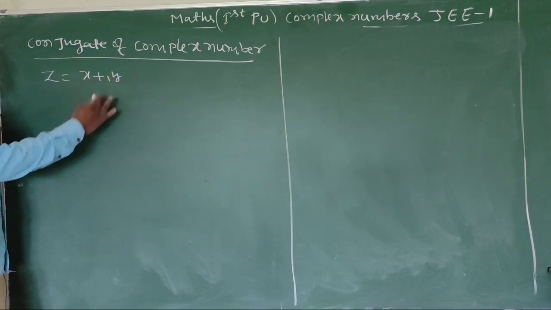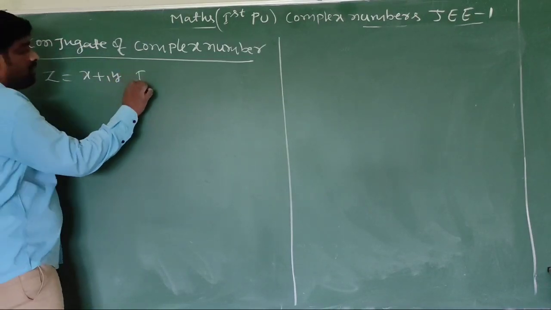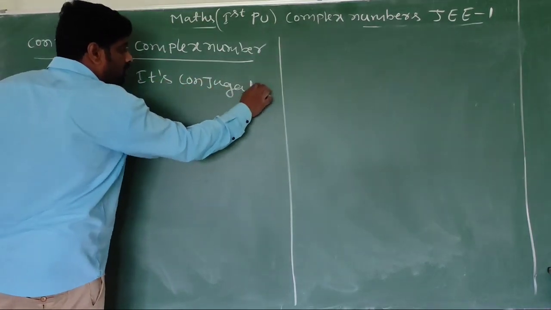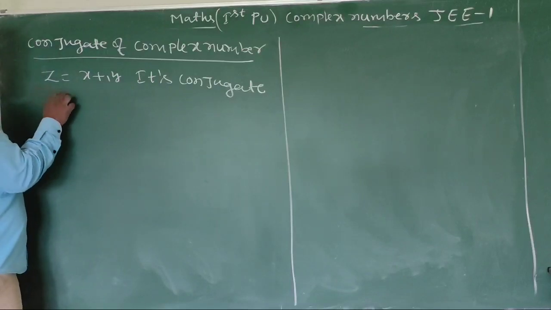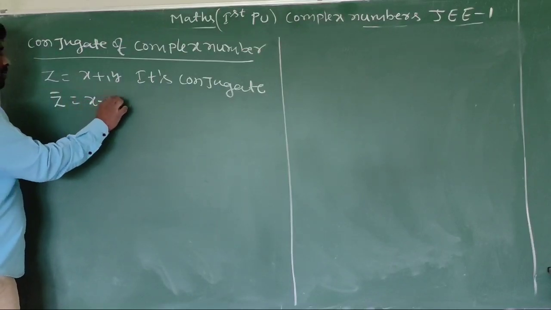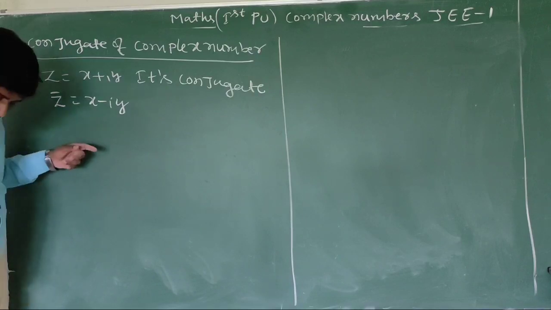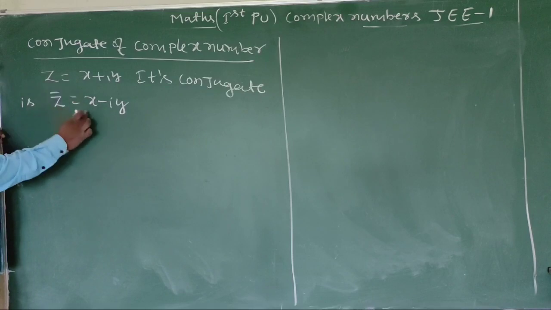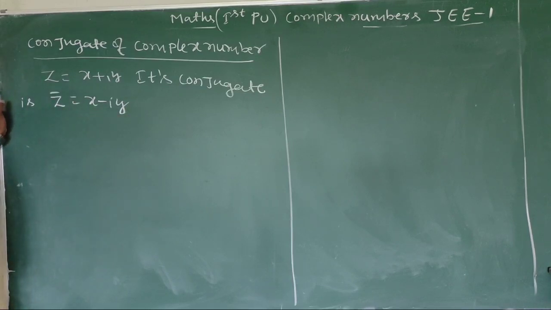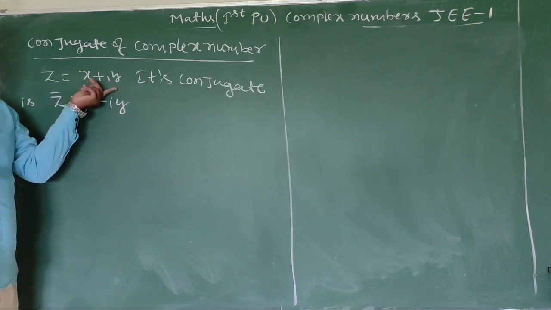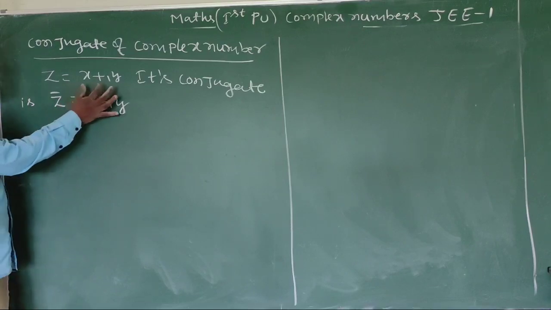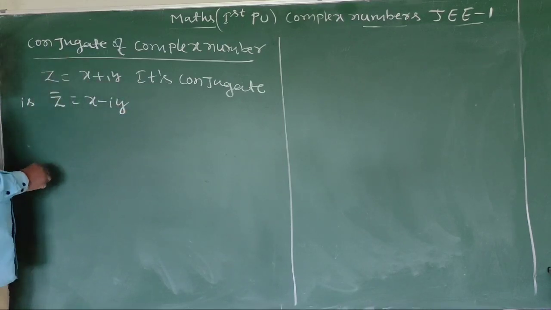Its conjugate is x minus iy. Z bar is equal to x minus iy. Here conjugate of a complex number means change in the sign of the imaginary part. Don't confuse. Okay, dear children, change in the sign of the imaginary part.